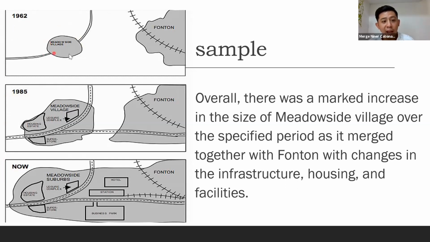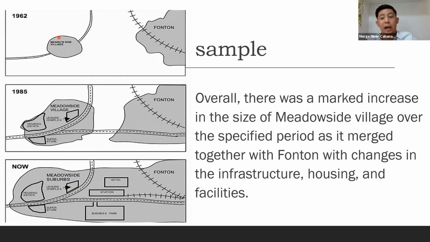We only have a small Meadowside village and we have Fonton. They are completely far apart, completely away from one another, totally separated from each other. By 1985, there were obvious changes in the infrastructure because in Meadowside, by the year 1962, there was no infrastructure found.